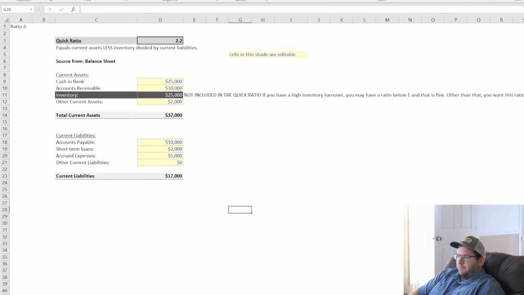So EPS, earnings per share, is net income for the period divided by weighted average outstanding shares in the same period.